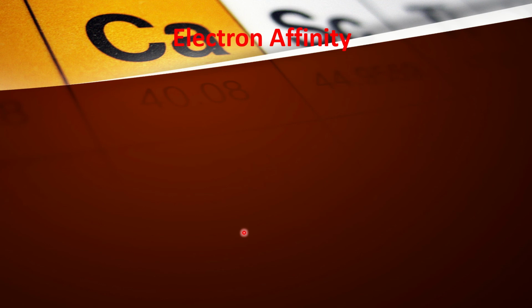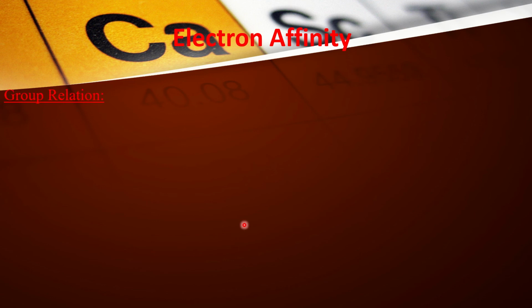So the energy released is less here. Dear student, I am telling again, when the atomic radius is more, then the incoming electron gets less attraction from the nucleus. So the energy released by the atom is also less. So when atomic radius is more, electron affinity is less, and when atomic radius is less, electron affinity is more. So the change of electron affinity is opposite to atomic radius.